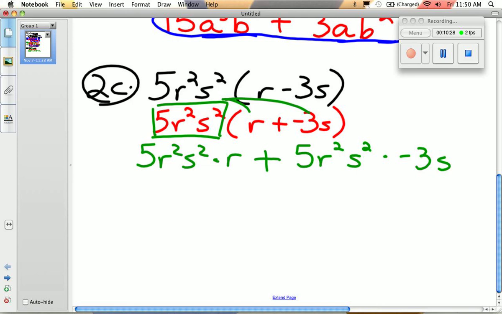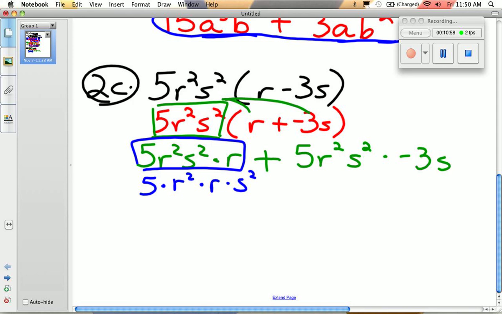Okay, what do you want to do next? Add the variables. Okay, should we rearrange? Oh, 5, that's the only constant in this one. We're doing this multiplication right now. We're just rearranging it: r squared times r times s squared. And remember, when you're rearranging, algebra likes things in alphabetical order.